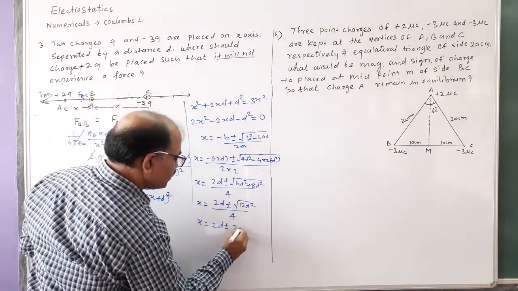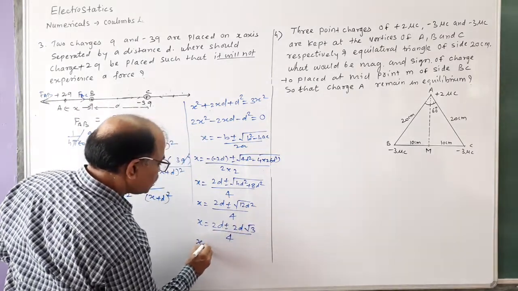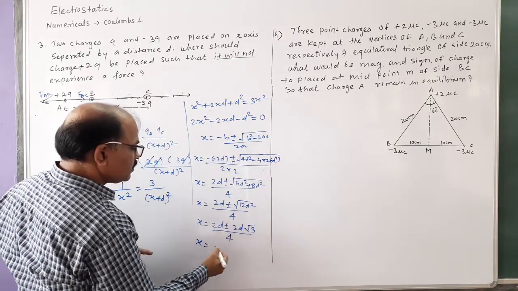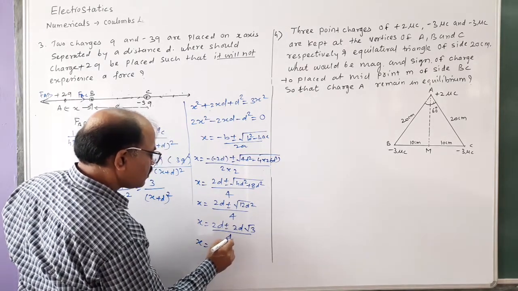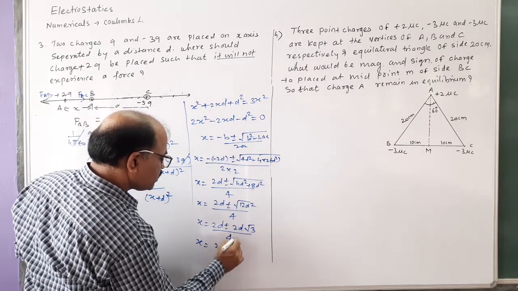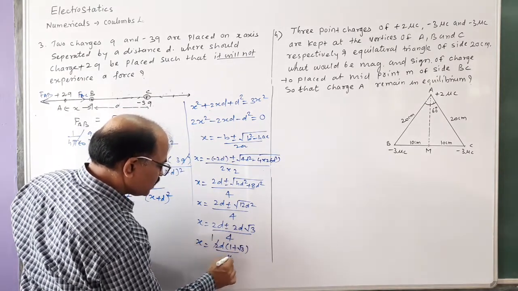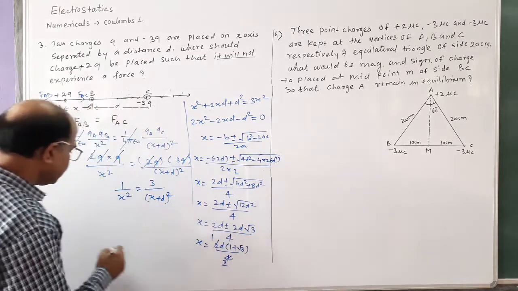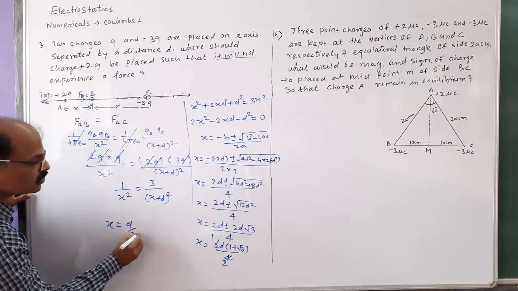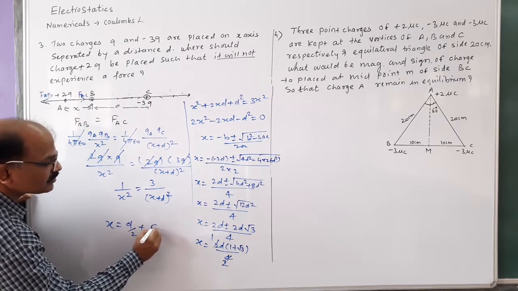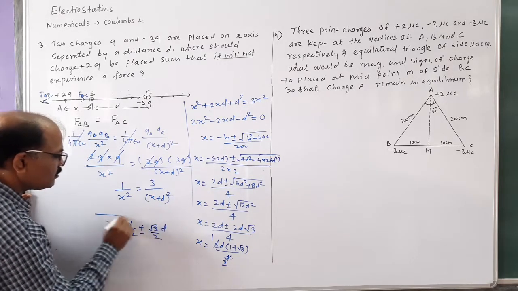So this is 2d root 3 divided by 4. So x equal to, taking 2d common, 1 plus minus root 3 divided by 4. 2 gets cancelled. So the final answer is x is equal to d by 2 plus minus root 3 d by 2. So this will be the distance.